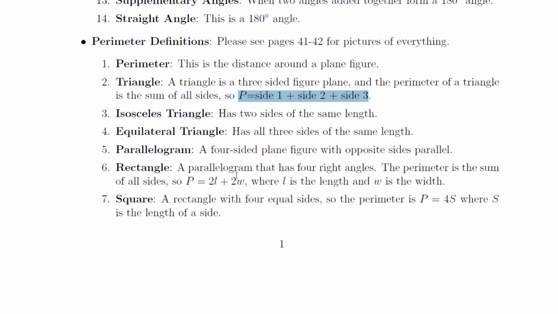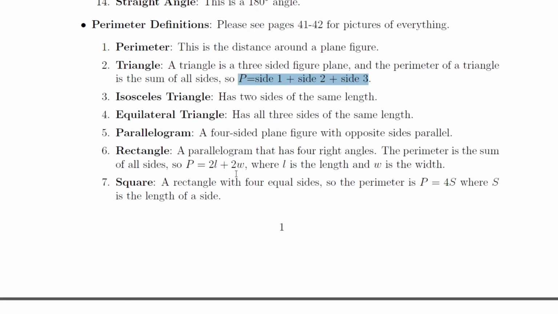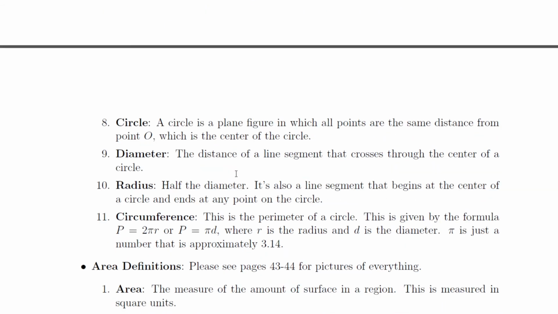Now I want to go back and make a distinction here real quick in the notes, because this is an important distinction. Notice with a circle, there are two specific definitions that we need to know: diameter and radius. Diameter is the entire length that goes right through the middle, from one edge to another edge through the center point.